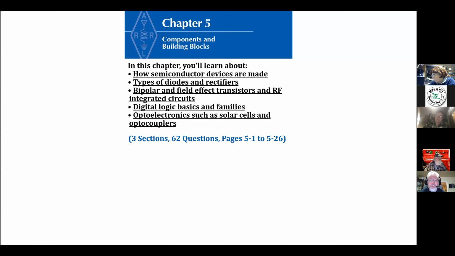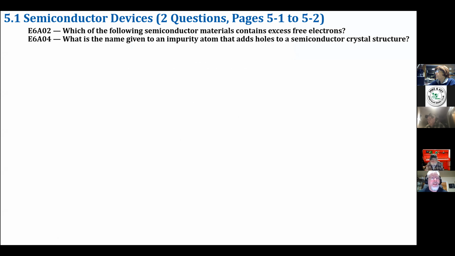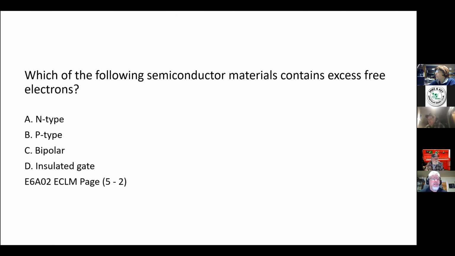Three sections, only 62 questions tonight, so not as bad as some of the other nights. So the first section, 5.1, is semiconductors.